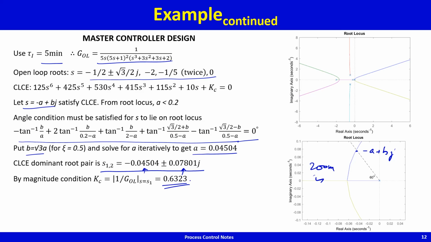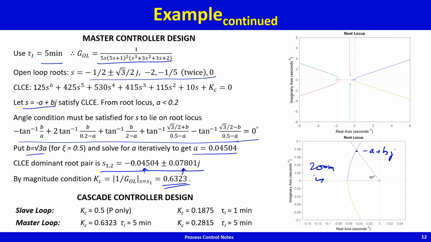Thus our cascade controller design is with a P only controller for the slave loop. Kc for the slave loop is 0.5, for the master loop Kc is 0.6323, and tau I is 5 minutes.